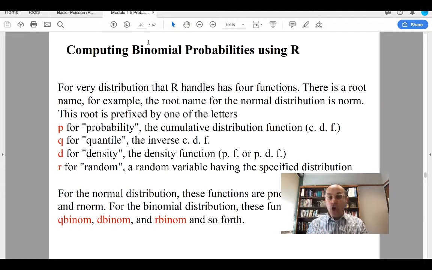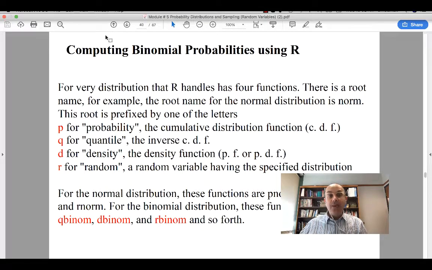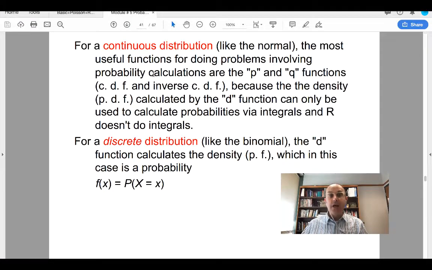for the binomial distribution, pbinom and qbinom or dbinom, and so forth. Those are the terminology that we are using.